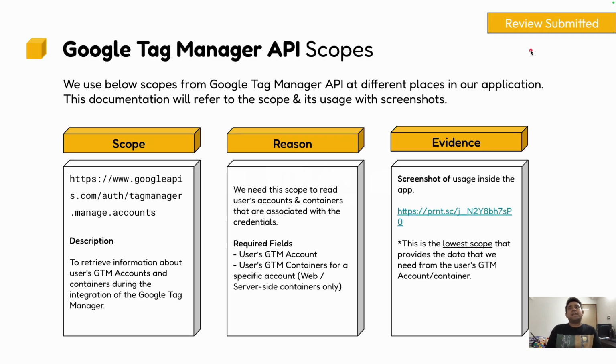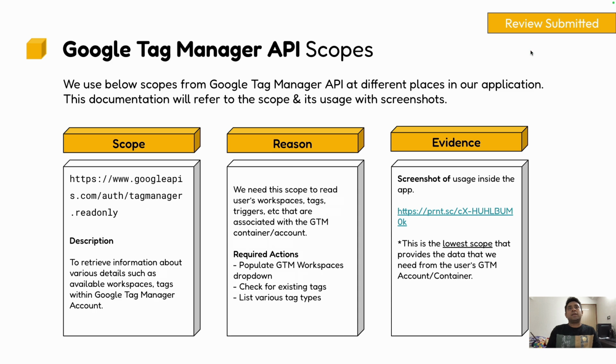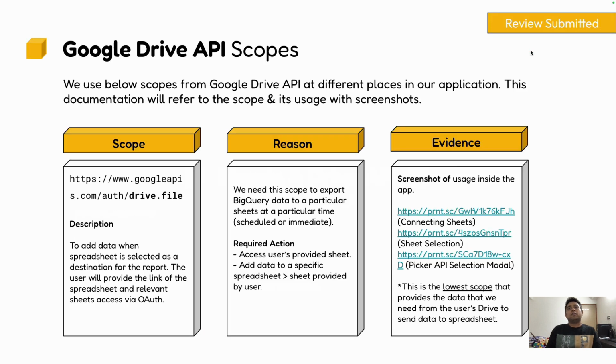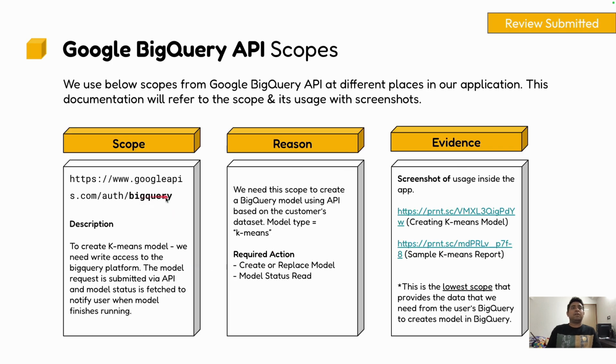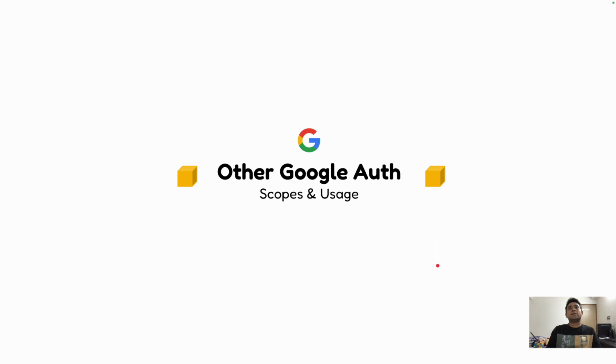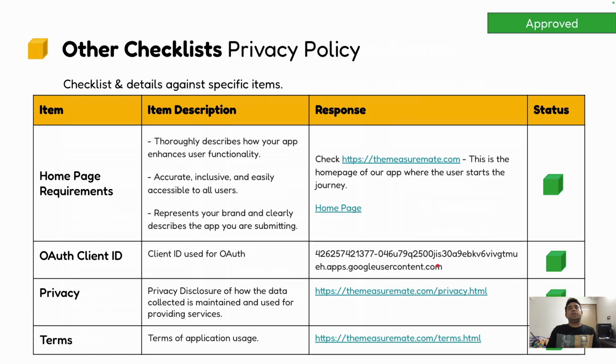Same for Google Tag Manager API scopes, and for Drive API we are just using one scope, drive.file. For BigQuery, there is a read-only access and BigQuery access for creating models. If you need any other details like privacy policies, terms, client ID that we are using, and our homepage requirements, they were already fulfilled in our previous review.